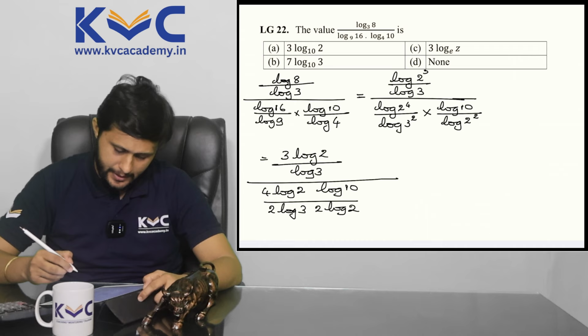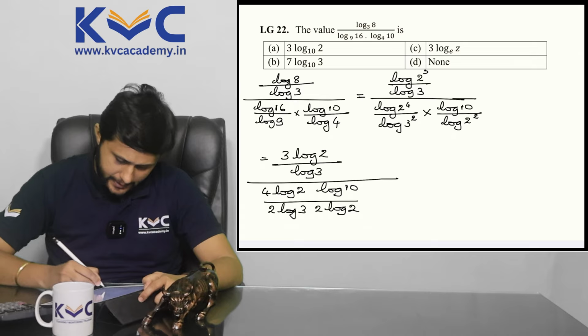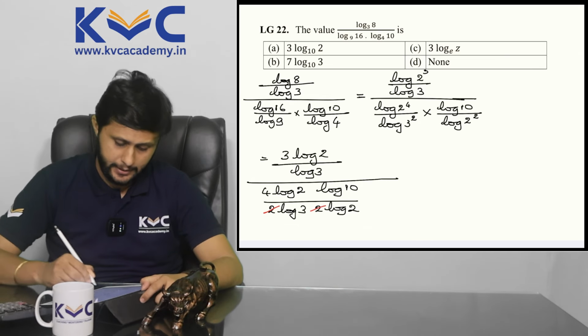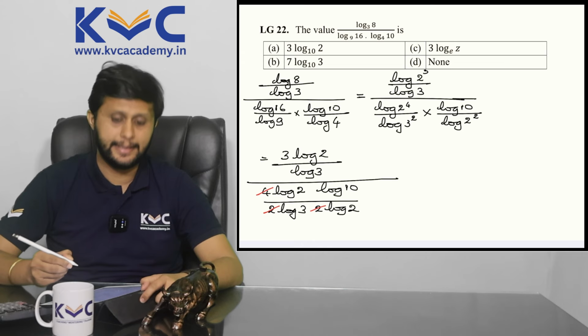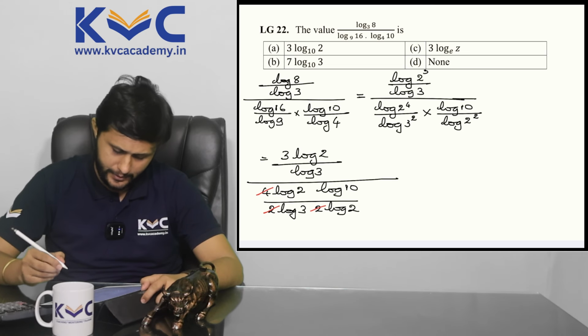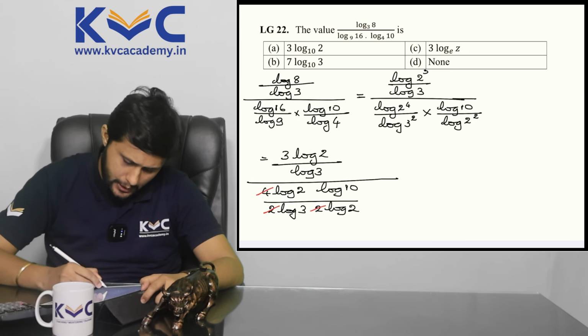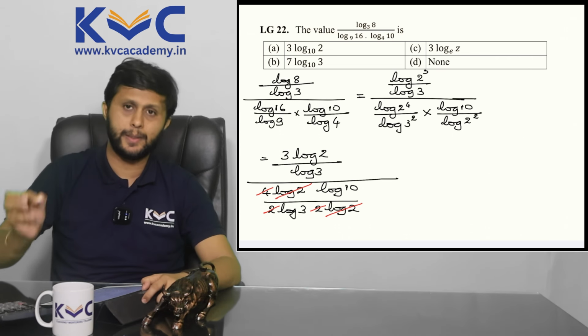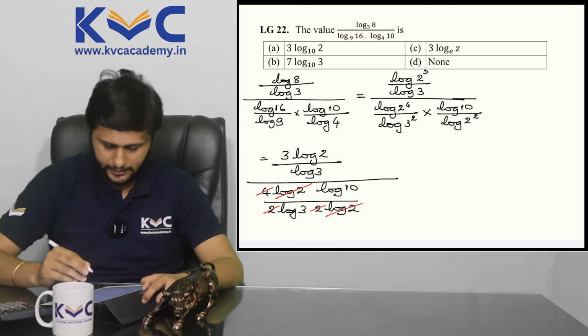I'll change the color. I'll try to cancel off the same things. We have 2 into 2 over here in the denominator, and we have 4 over here. That cancels. Correct? Okay. Next, we can cancel log 2 and log 2 in the numerator and denominator of the main denominator.